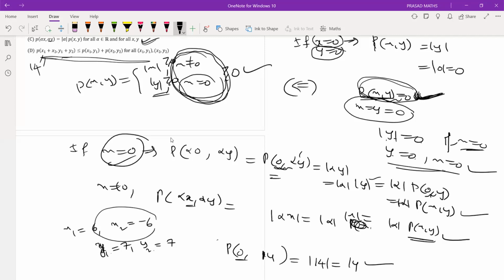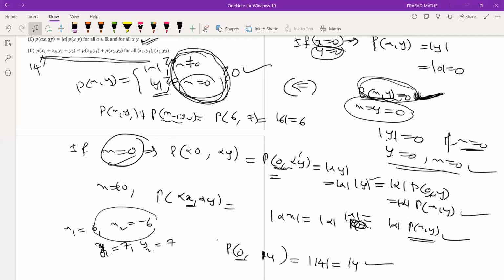What is your right side? Right side is p of x1 comma y1 plus p of x2 comma y2. What is x1? 6. What is y1? 7. Whenever x is non-zero, what is your option? Mod 6. So this is 6.